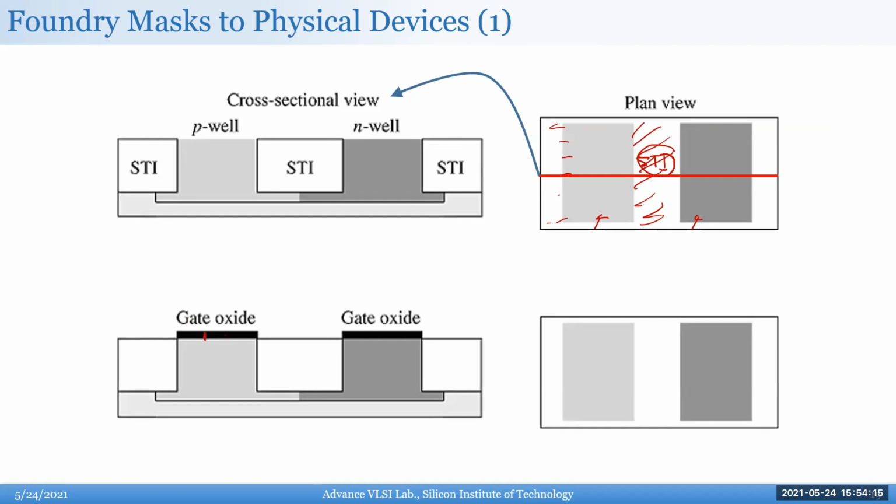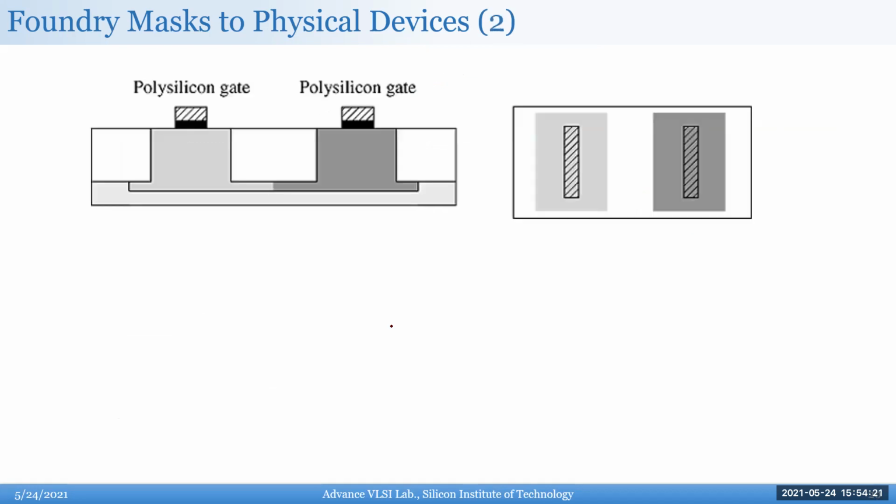So they'll take the gate mask and etch all these away after they put the polysilicon on. They'll first deposit the polysilicon and then etch it away. And now you have the gate, the thin oxide, and you have your wells, right? So this is your P well, this is your N well.